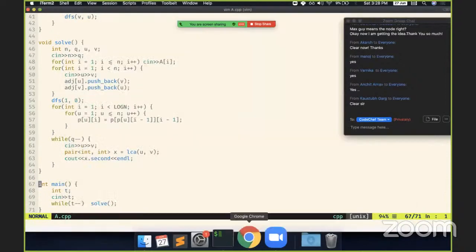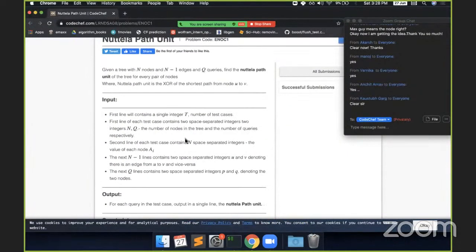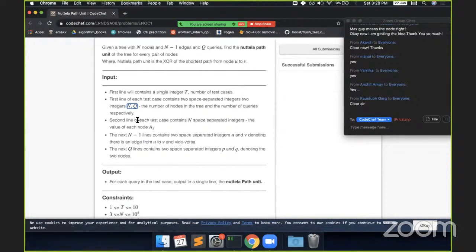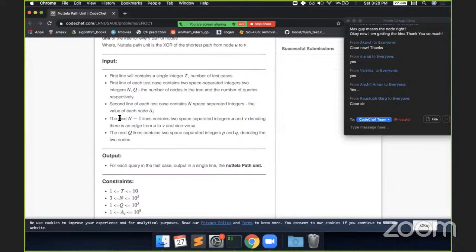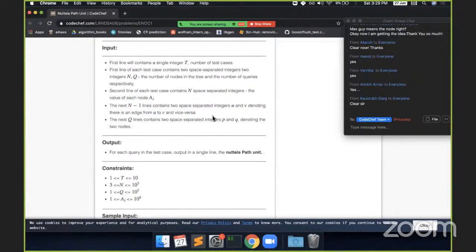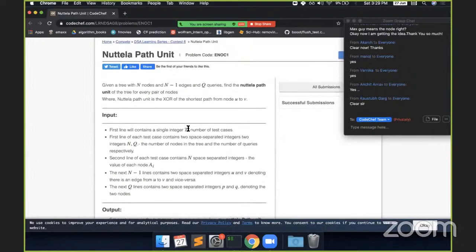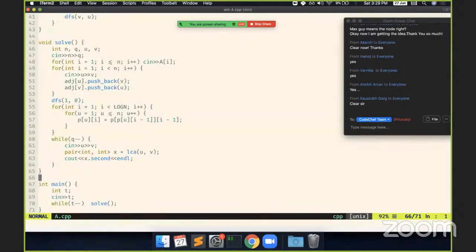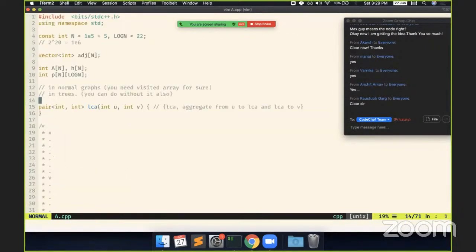The question was: given t test cases, each test case you're given n and q, the number of nodes in the tree and the queries, and you're given a value associated with each node, and n-1 lines. Basically, the tree itself is described, and then 2 nodes, and you have to find the Zor on that path. Right now we were trying to do max on paper, but now we lose Zor. There is not much difference. If you take any function, it won't be that different.